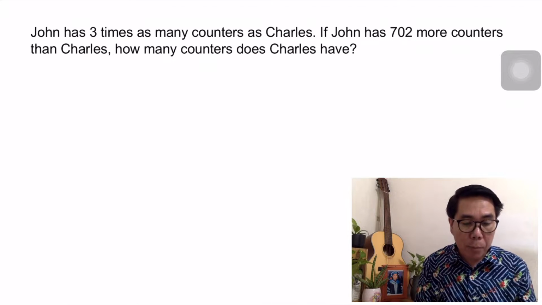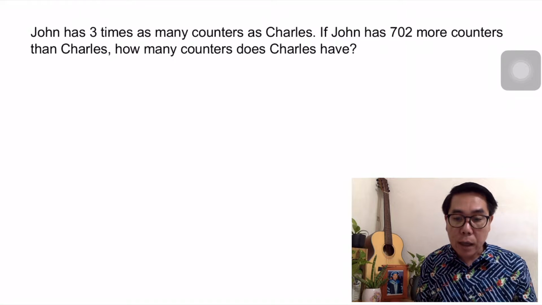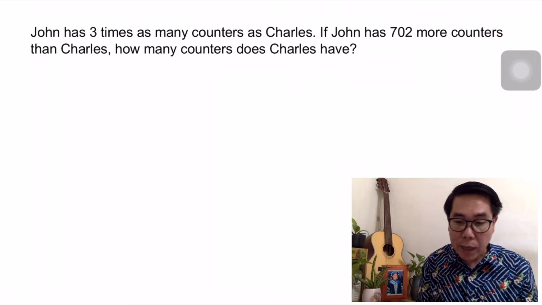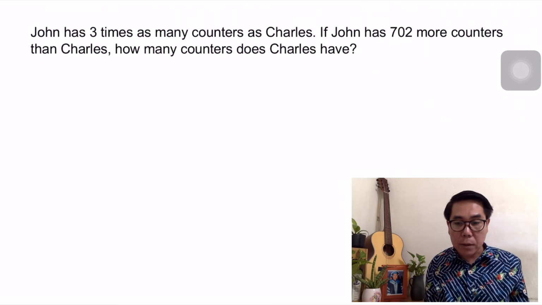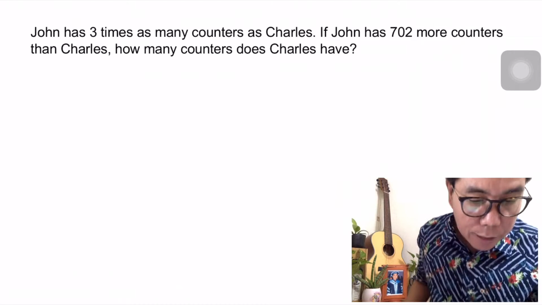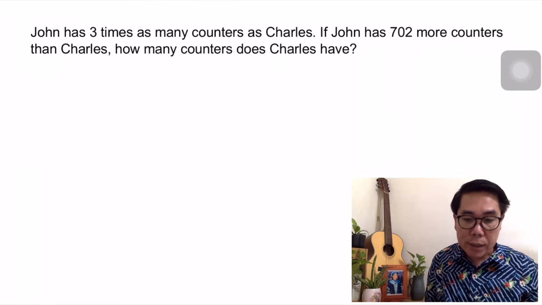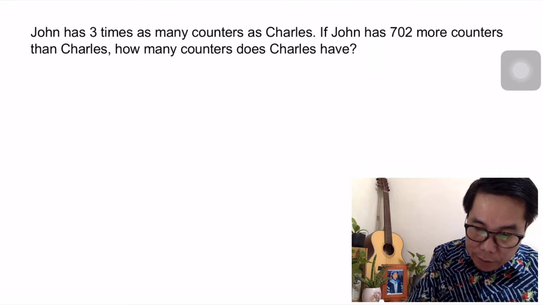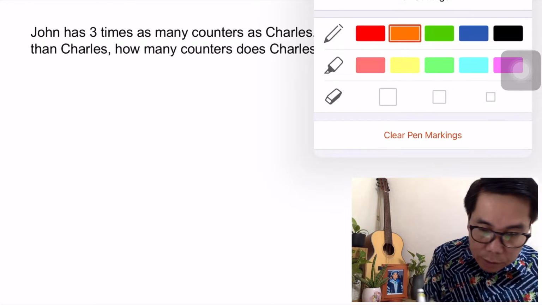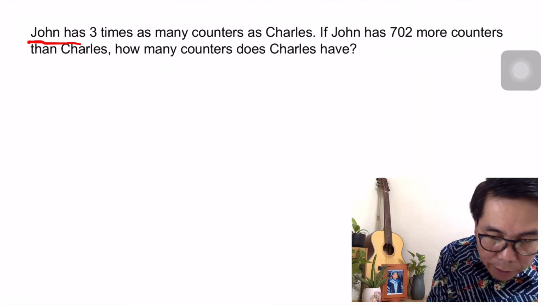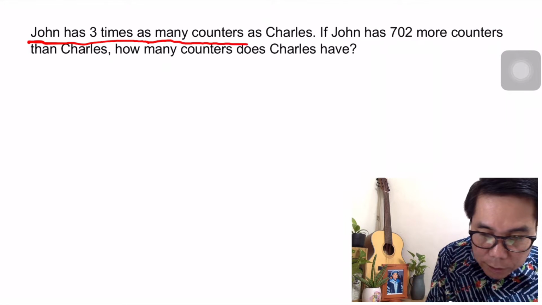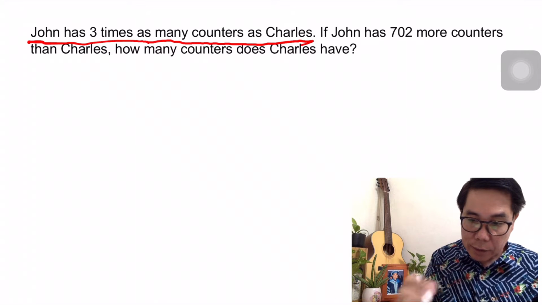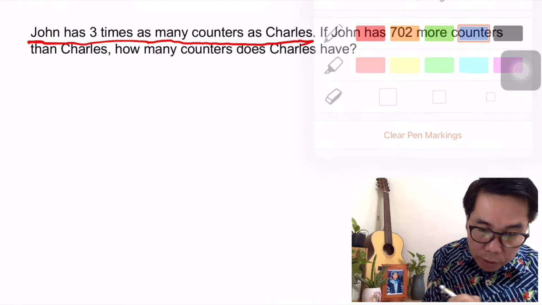Okay, for problem number 2, it says here, John has 3 times as many counters as Charles. If John has 702 more counters than Charles, how many counters does Charles have? Okay, so let's analyze the problem. Now, John has 3 times as many marbles as Charles. So in that statement, I can draw the model.